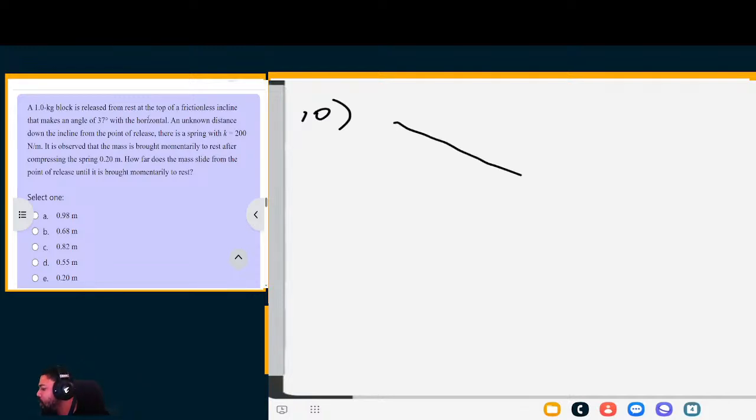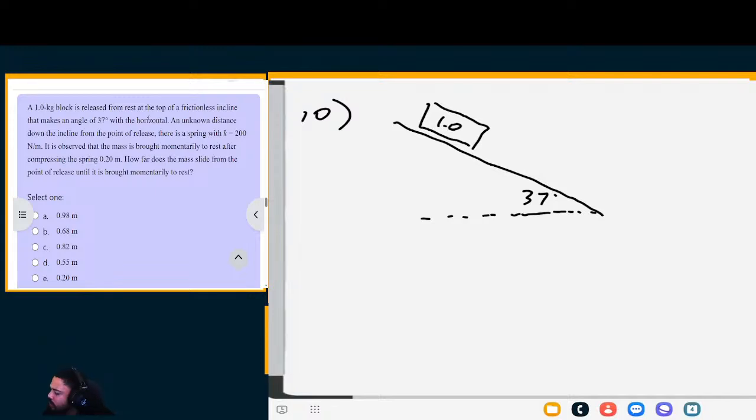Let's draw the situation. We have an incline. We don't know what the angle of inclination is yet. We have a block which started at rest. It's not a 10 kilogram block, it's a 1 kilogram block, and it makes an angle of 37 degrees with the horizontal. An unknown distance down the incline from the point of release, there's a spring.